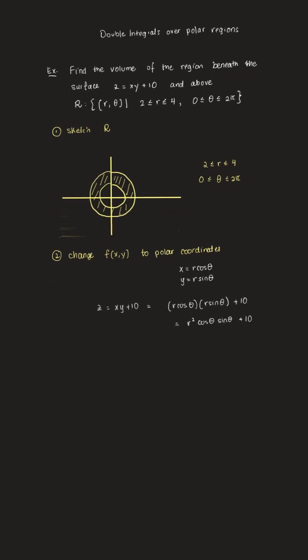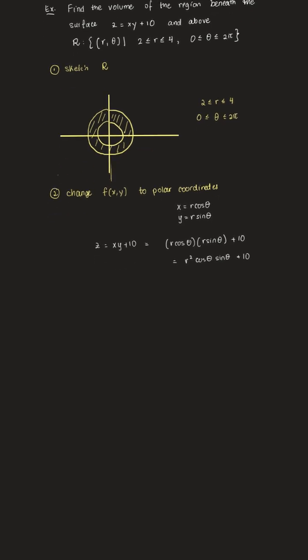Okay, at this point we're ready to set up our integral. So let's go ahead and set that up, and then we will evaluate the integral. So let's do our setup, and we see that our angle will go from 0 to 2 pi, and our radius, r, will go from 2 to 4 to get the region in between the two circles.